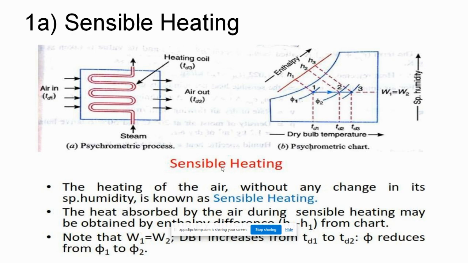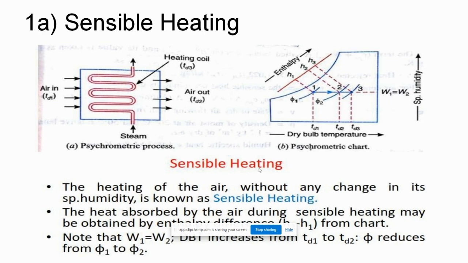So it's simply heating. We are increasing the temperature of the air without changing its humidity. In the chart, the dry bulb temperature of the stream is increasing. The first point is at TD1 and the second is at TD2. This is our sensible heating process, where on the right side we can see that W1 equals W2, the humidity ratio or specific humidity.